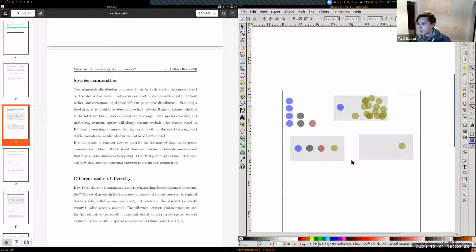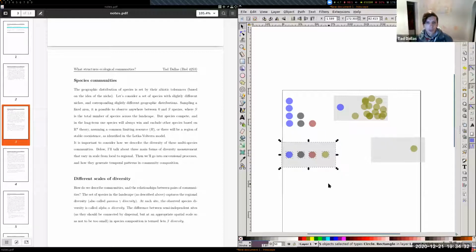But there's also gamma diversity. Gamma diversity is the regional diversity. So let's say we have these smaller communities here, and this is a geographic space that these exist in, but it's broad enough that we can draw bounds around the communities. For instance, this could be viewed as ponds in a landscape where they're kind of connected, maybe through big rain events, but not really connected. We can consider gamma diversity.